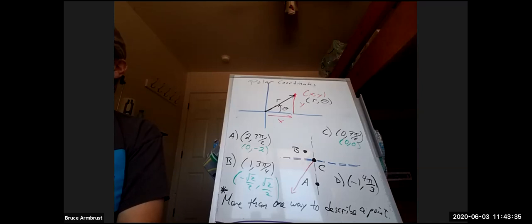What do you think a negative r does? How about this? What's a negative x tell you to do as opposed to a positive x? Or a negative y as opposed to a positive y?